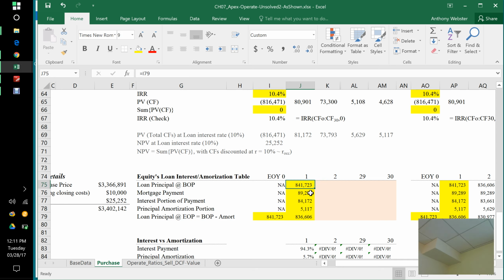I feel that everything we have for year one is general and should work for every year. So I'm just going to pull it all over to year 30. But before I do that, what should the loan principal, the amount that still needs to be repaid at the end of year 30, be if we did this right?